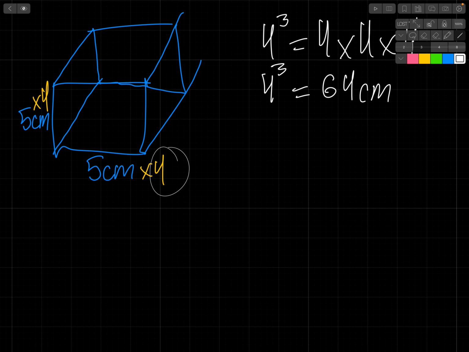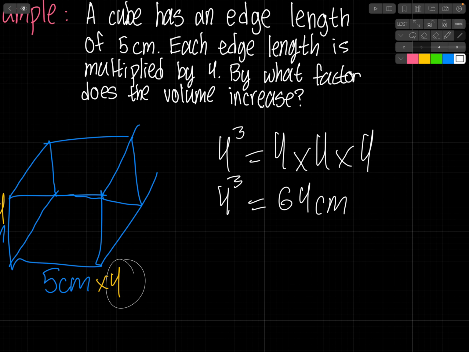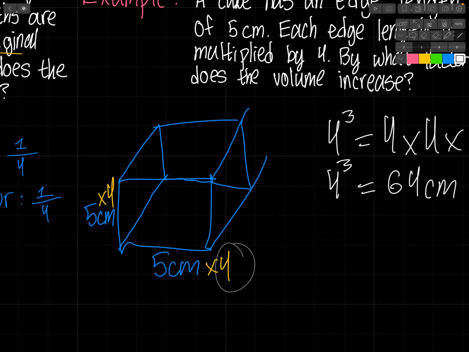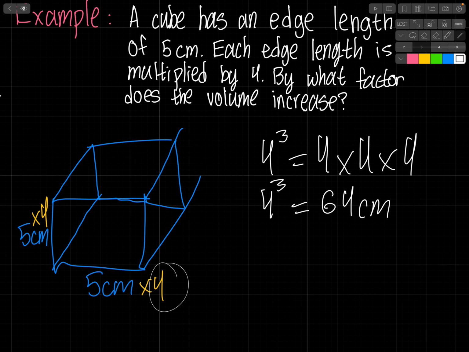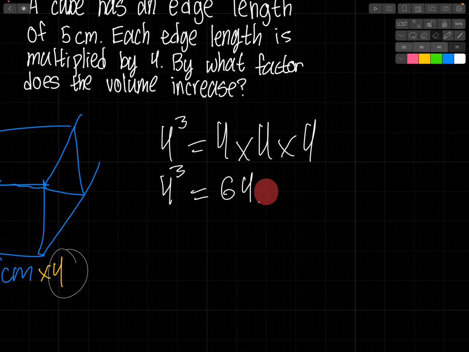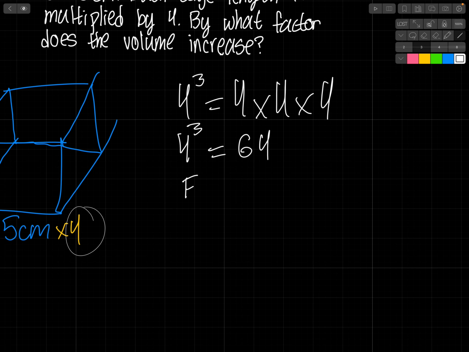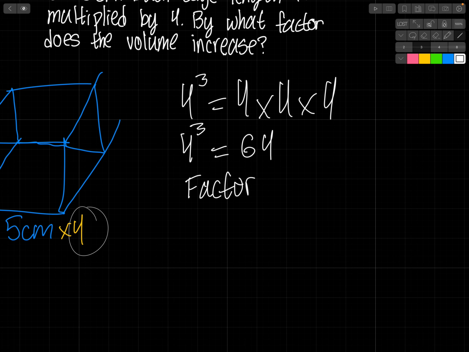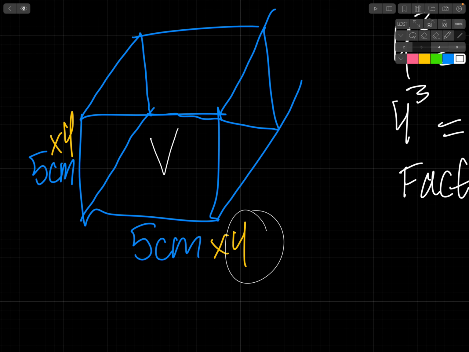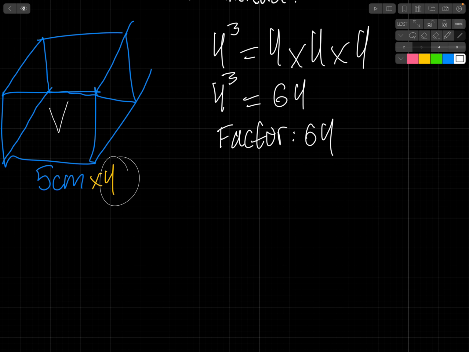All right. So now that we know the volume increases, the volume is 64. Oh shoot, why did I write centimeters? Essentially the factor that it increases by is 64. So let's just say this is the regular volume, the new volume is 64 times the volume.